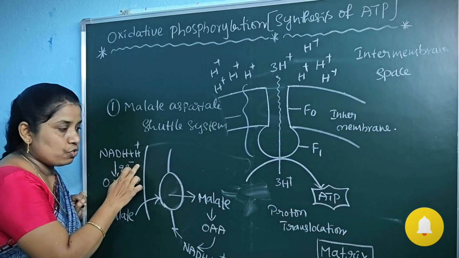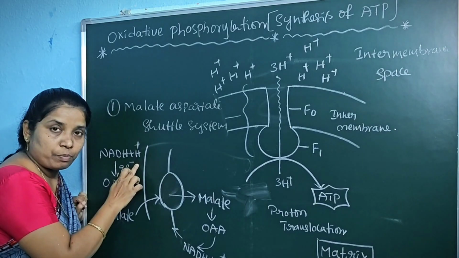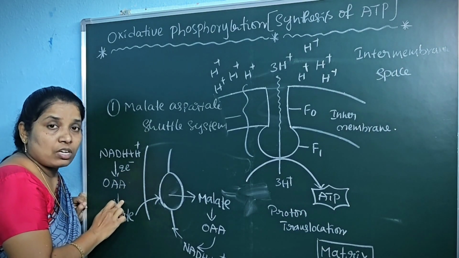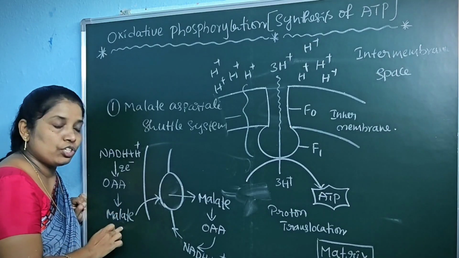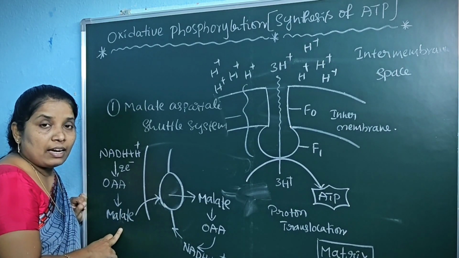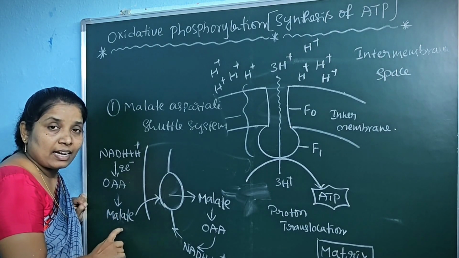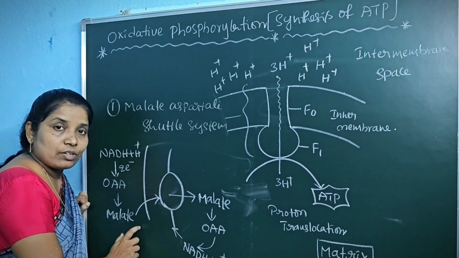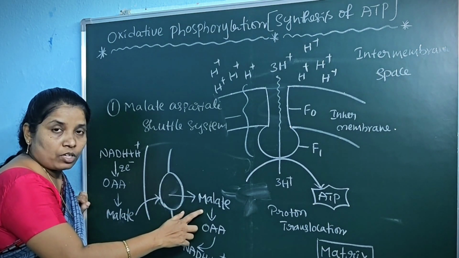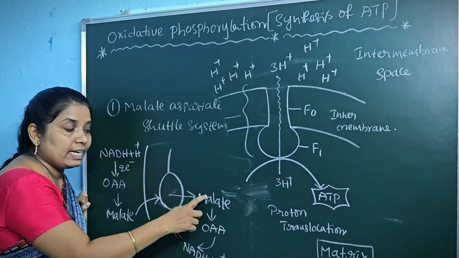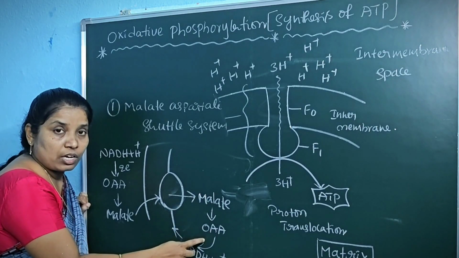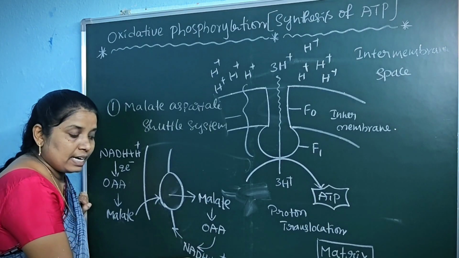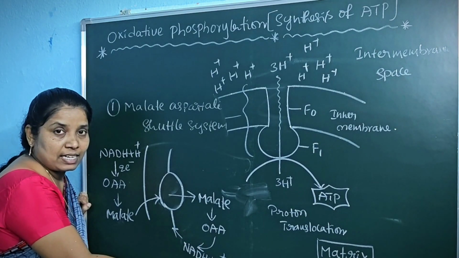Here the electrons from the NADH plus H plus are added to oxaloacetic acid. Then oxaloacetic acid is converted into malate. This malate can enter freely into the membrane. It can be translocated into the matrix. In the matrix, malate is again converted into oxaloacetic acid. During this conversion, NADH plus H plus is regenerated.